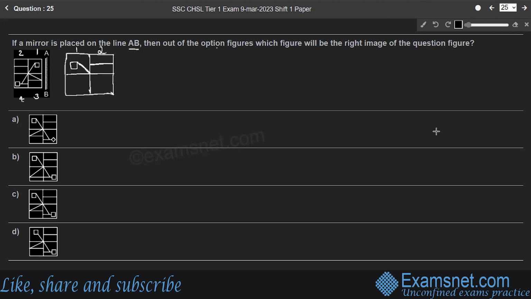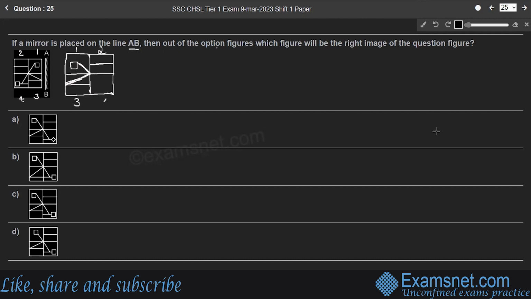Consider the third part. The horizontal line will be as it is, like this, and the diagonal or slanted line looks like this.